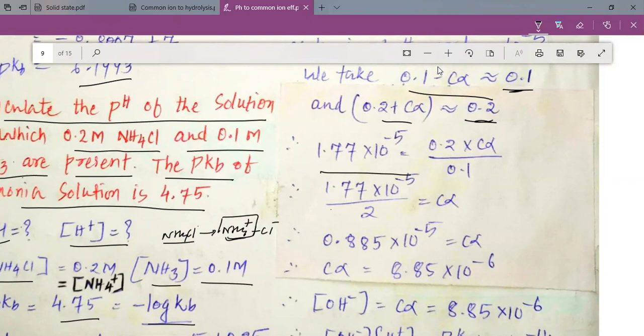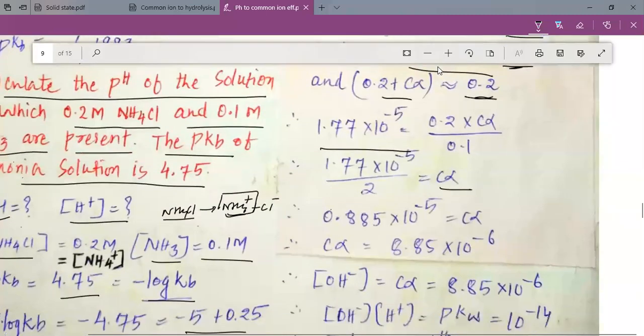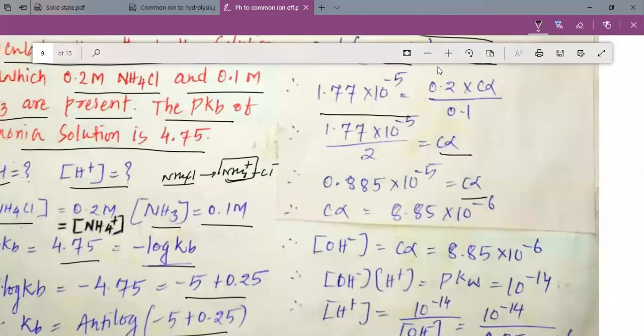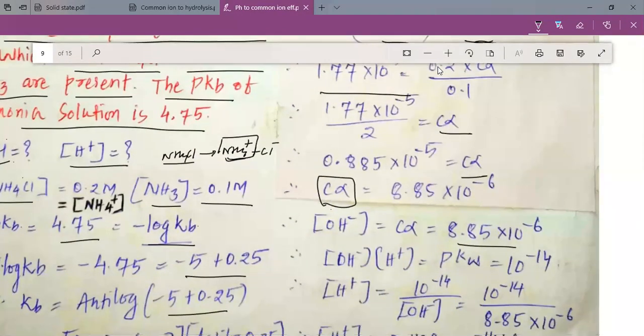If we multiply both sides by 1 by 2, we will get 1.77 into 10 to the power minus 5 divided by 2 is your C alpha, and therefore your C alpha is equal to 0.885 into 10 to the power minus 5. And therefore, we know that the concentration of OH minus is C alpha, and that is why the OH minus concentration is equal to 8.85 into 10 to the power minus 6.